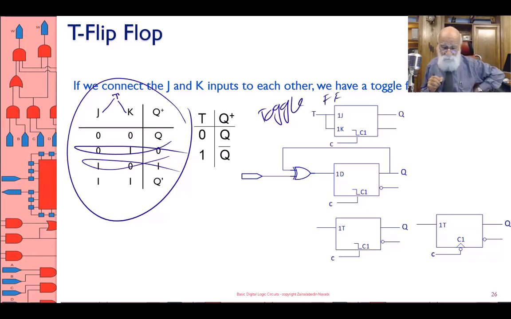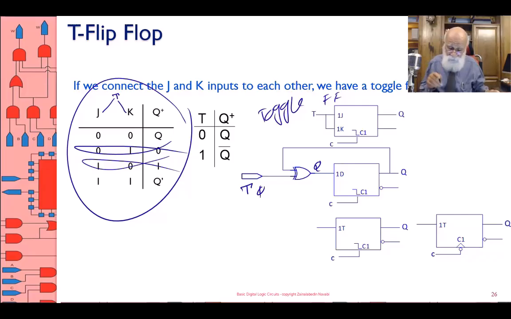Actually, I can create a toggle flip-flop with a D flip-flop, okay? The D flip-flop takes the feedback and brings it into an XOR. See, now this becomes my T input. If T is 0, the XOR output is the same as Q. What it means is each time you clock it, Q goes into Q, which means nothing changes.